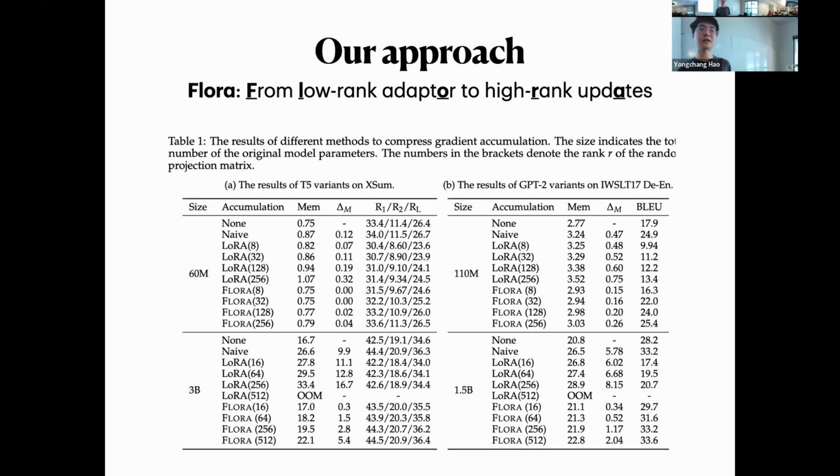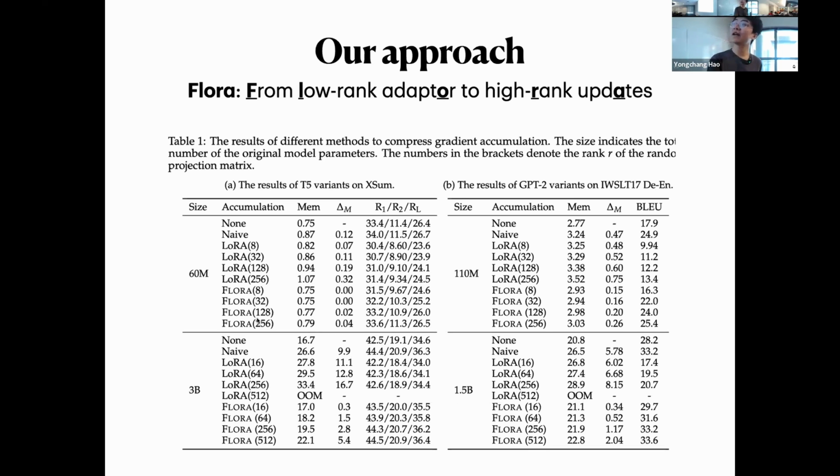We also conducted experiments across different model sizes, from 60 million T5 to 3 billion T5. Across all of the settings, you can see that our method, Flora, consistently outperforms LoRA, just like we observed in the preliminary experiment.